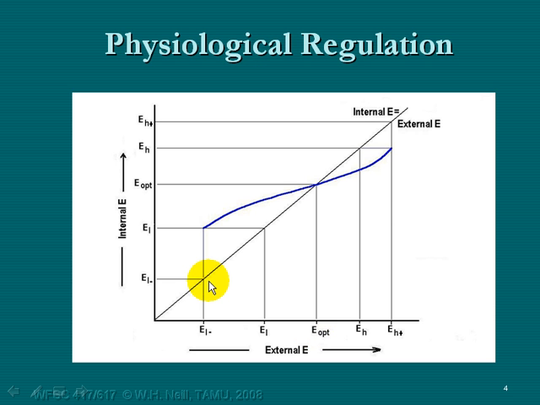And if the line is 1-to-1, then we would say it's a conformer. So ordinary fishes, particularly smaller ordinary fishes, are good thermal conformers. They are poikilotherms, as we learned in lab. So their core temperature values are pretty much 1-to-1 with the external temperature at steady state.